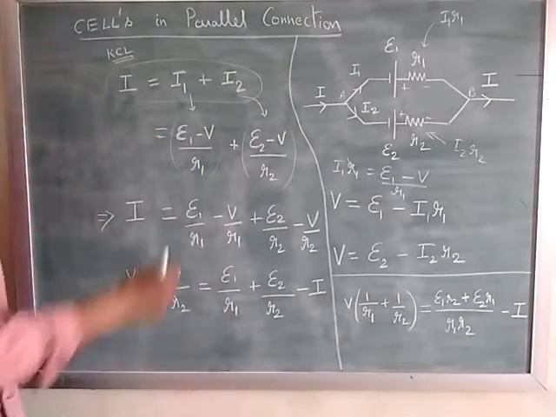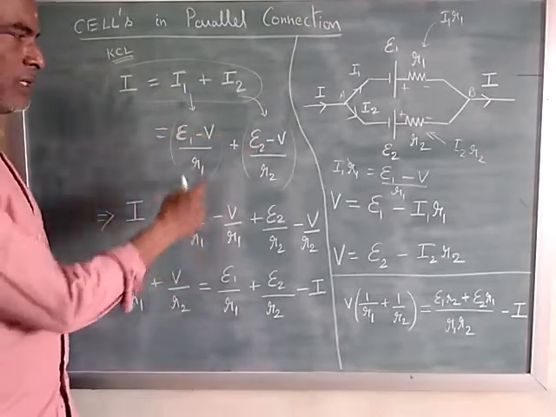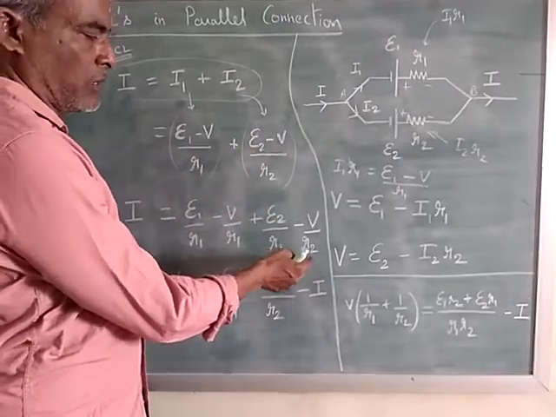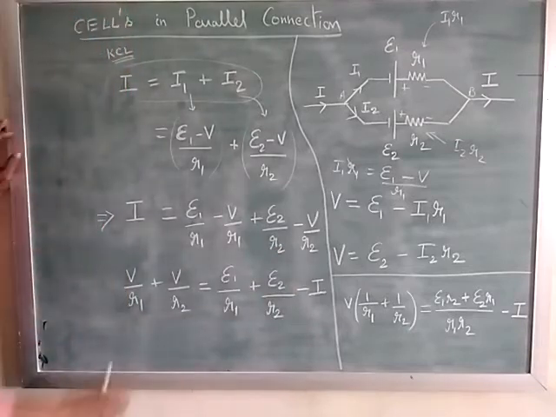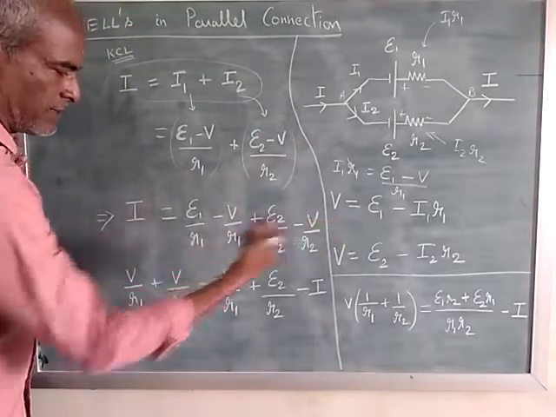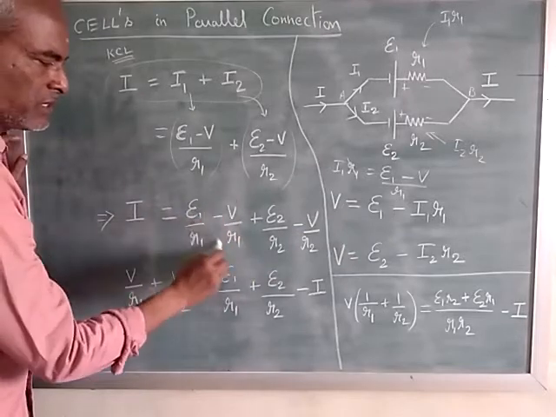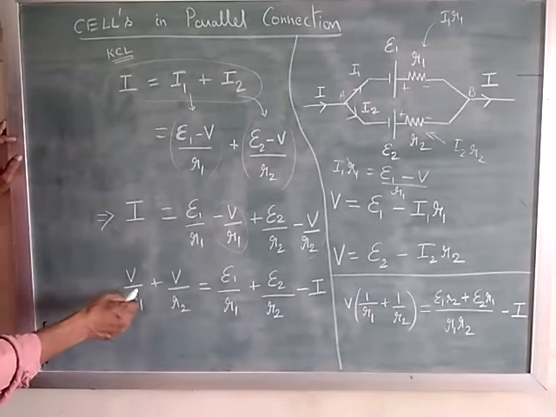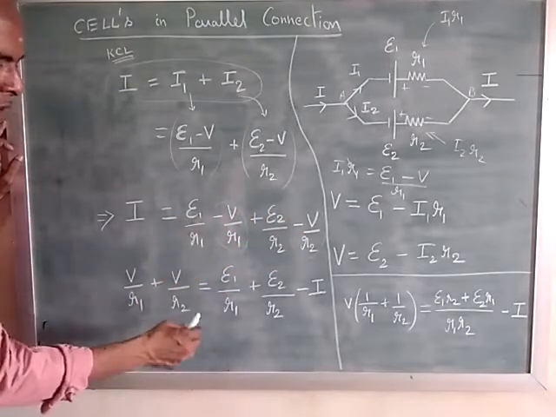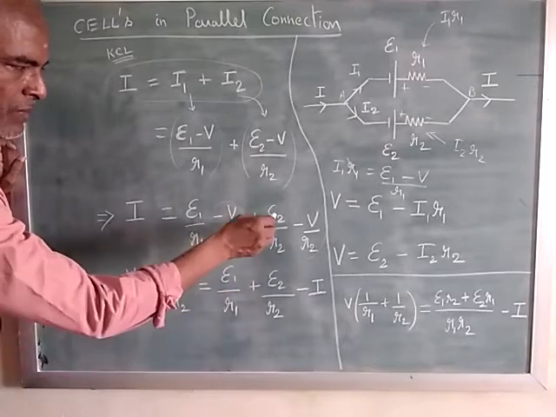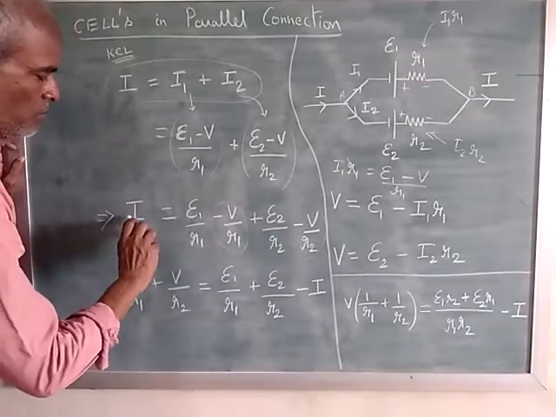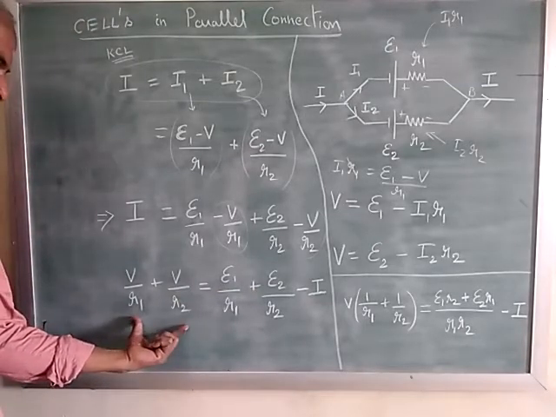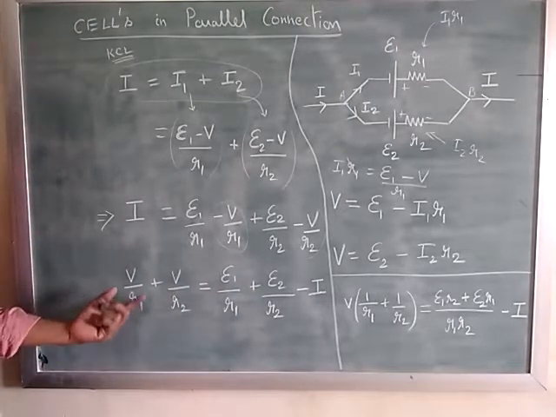Now this is split into two terms: E1 by R1 minus V by R1 plus E2 by R2 minus V by R2. Now just move this I that side and bring these negative terms this side. That means it will become V by R1 plus V by R2 is equal to E1 by R1 plus E2 by R2 minus I. The common term in this is V, so V into 1 by R1 plus 1 by R2.